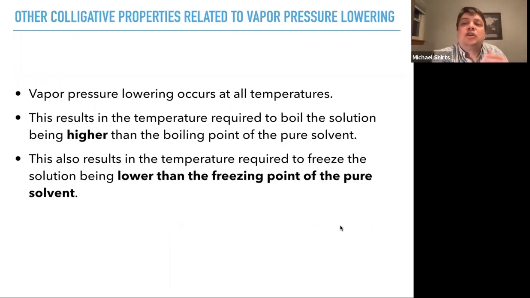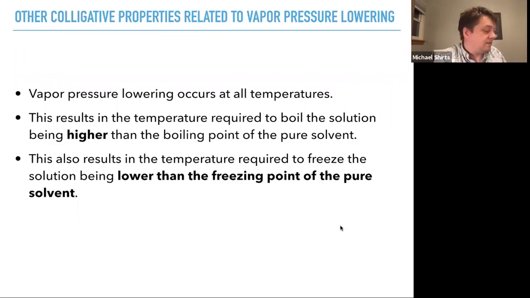And again, you have a pure solid. You haven't changed the rate that molecules come off the solid, but you have changed the rate at which molecules go from the solvent onto the solid. So you lower the freezing point as well, because you've changed that dynamic equilibrium to favor the liquid phase, which is the solution phase.